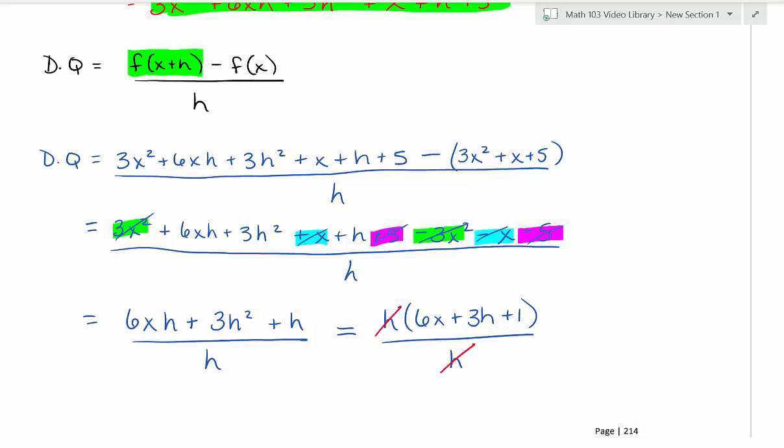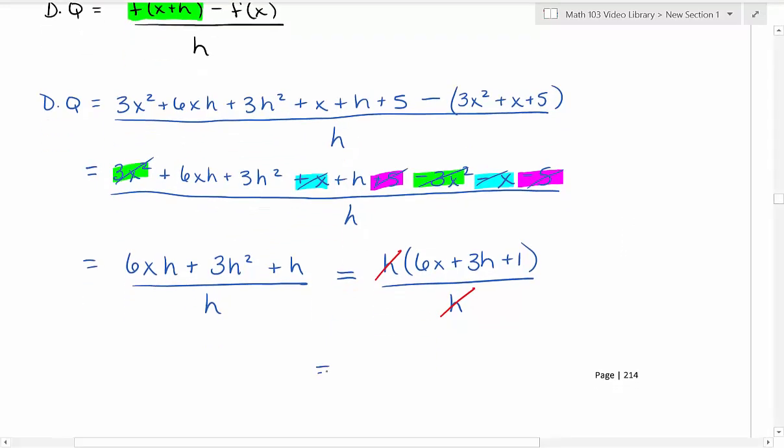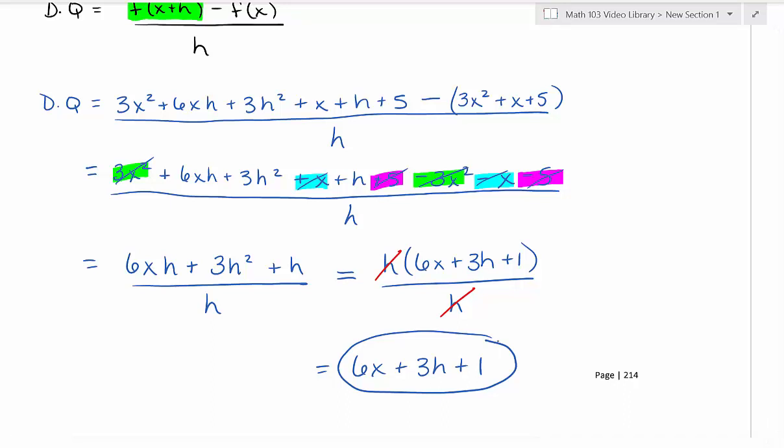So we can cancel that h out, leaving us with 6x plus 3h plus 1. This is our difference quotient. And you'll notice now with our result, if we did plug 0 in for h like we're going to do in calculus, that middle term falls out, but we're not left with something that is undefined, which is the concern.